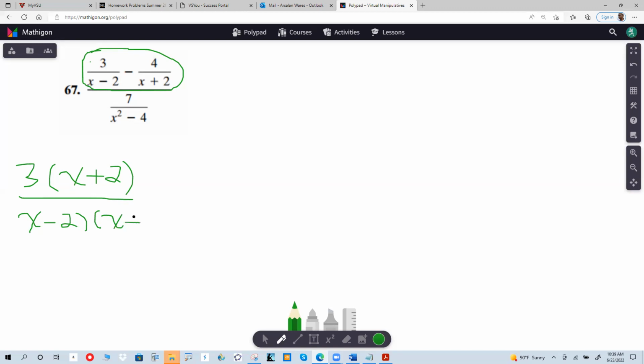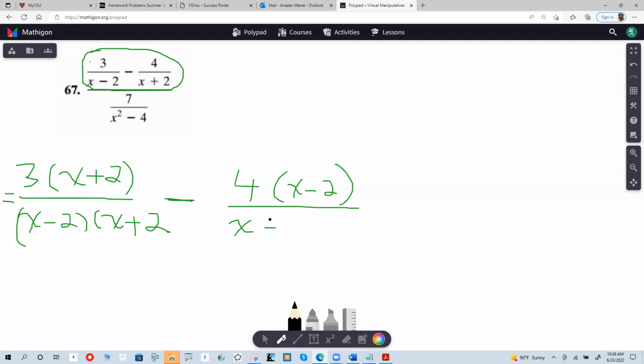I'll tell you why that makes sense. All right, minus 4. I'm going to multiply this 4, both top and bottom, by x minus 2. Now I have the exact same denominator, x plus 2 times x minus 2, and that's not a bad thing.